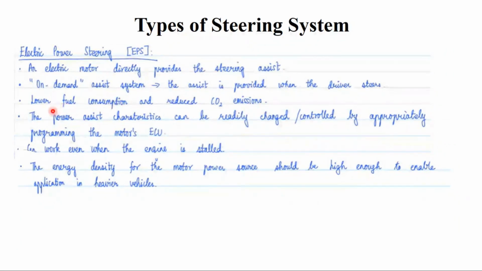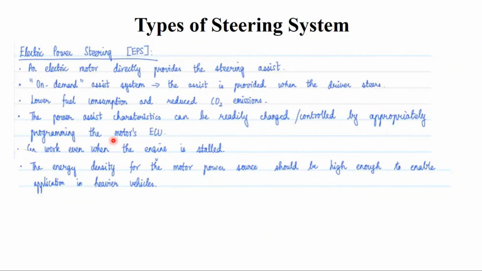This EPS also lowers the fuel consumption and reduces CO2 emissions. An important feature of this EPS is that the power assist characteristics can be readily changed or controlled by appropriately programming the motor's ECU.